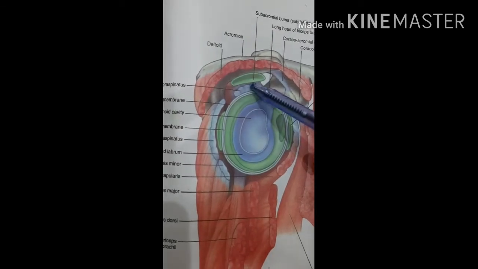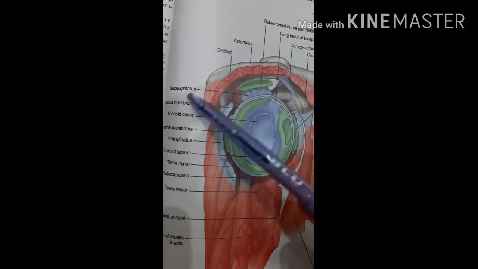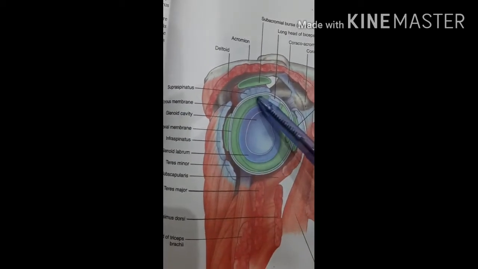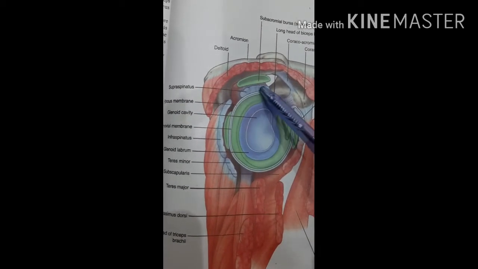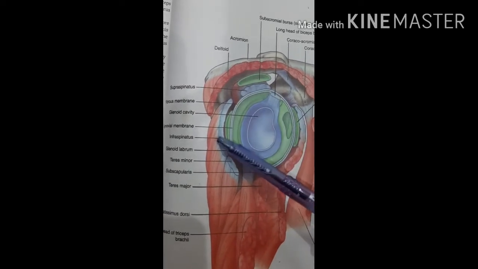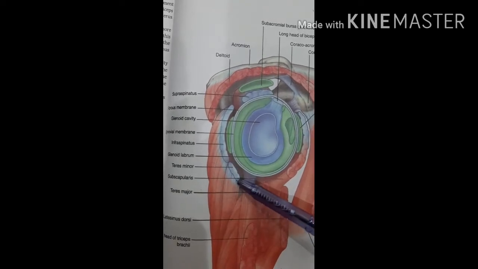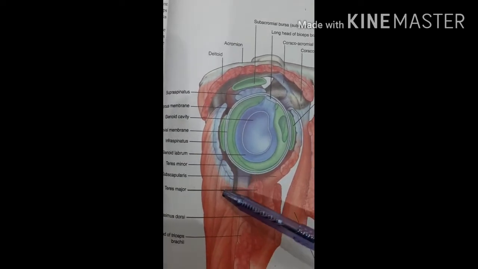Due to the poor blood supply and the narrowest space where the supraspinatus tendon is present, degenerative changes first cause tearing of the supraspinatus, and it progresses posteriorly and involves the infraspinatus and teres minor muscles.